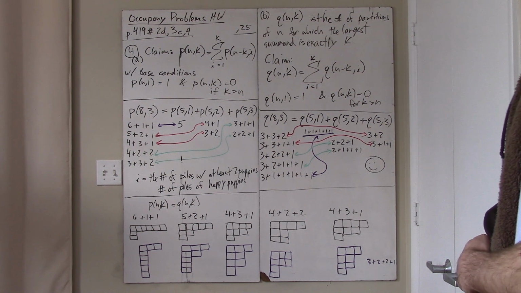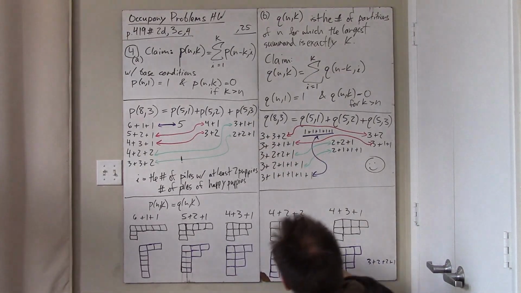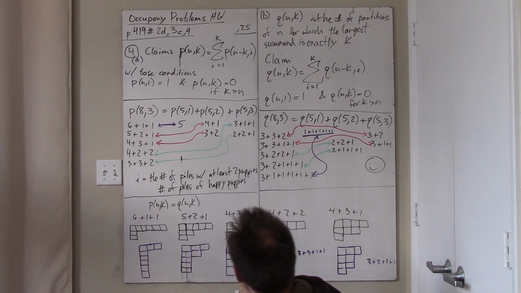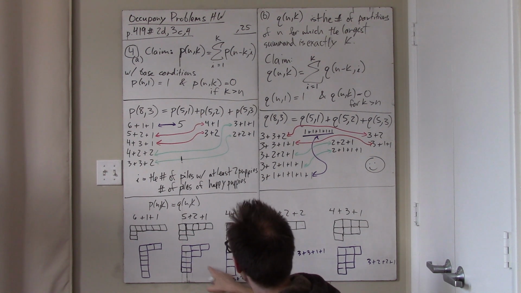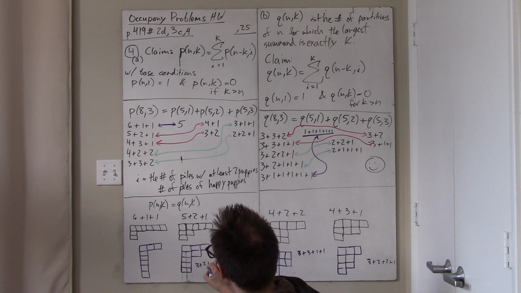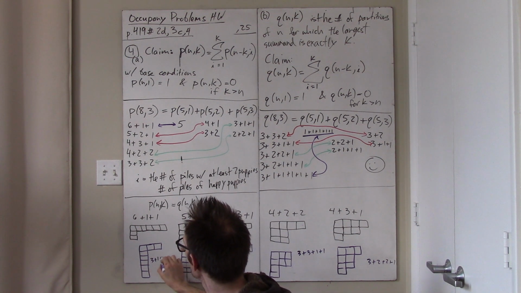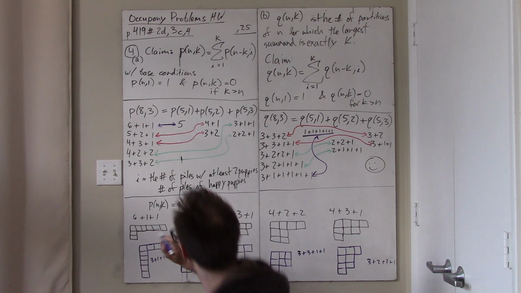If I've gone this far, I might as well write this out. This is 3 plus 1 plus 1. This is 3 plus 2 plus 2 plus 1. This is 3 plus 2 plus 1 plus 1 plus 1.